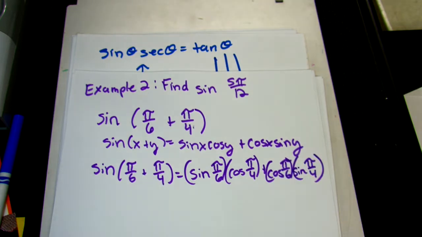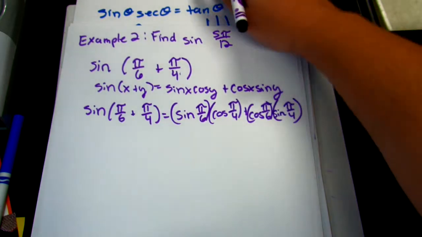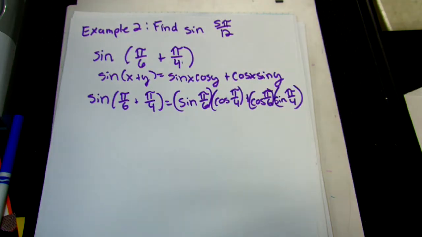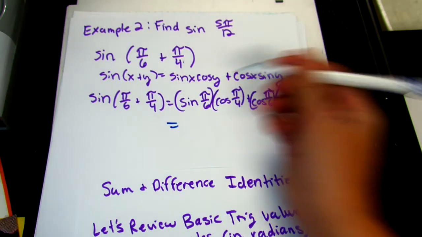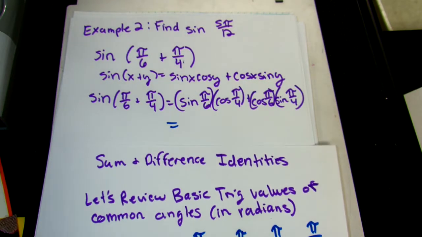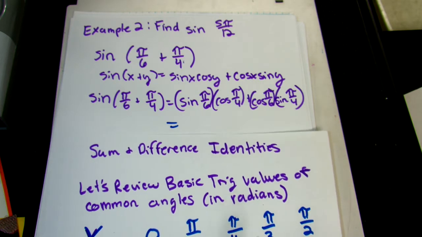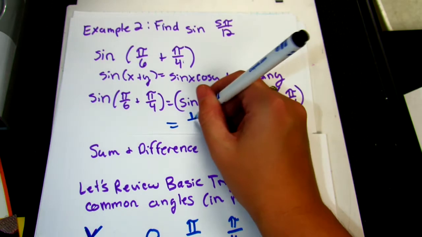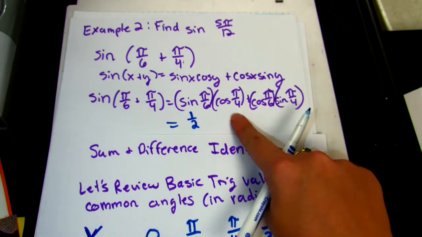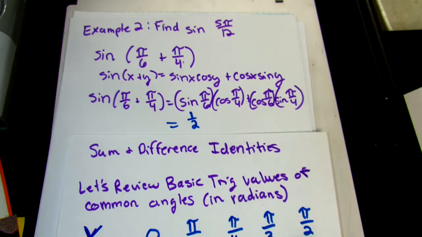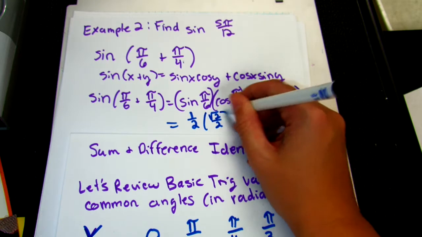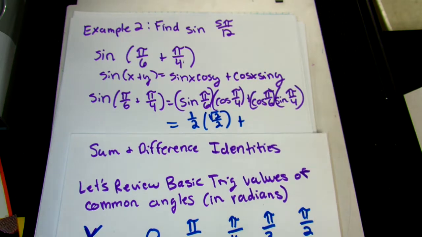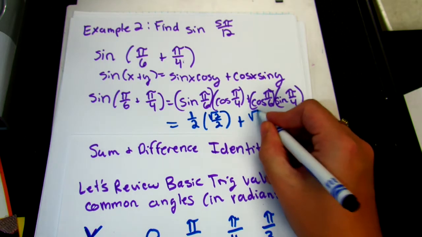All right, now we use our known angles. So sine of pi over 6 is 1/2. And then cosine pi over 4 is square root of 2 over 2. And then we have plus cosine pi over 6 is the square root of 3 over 2.